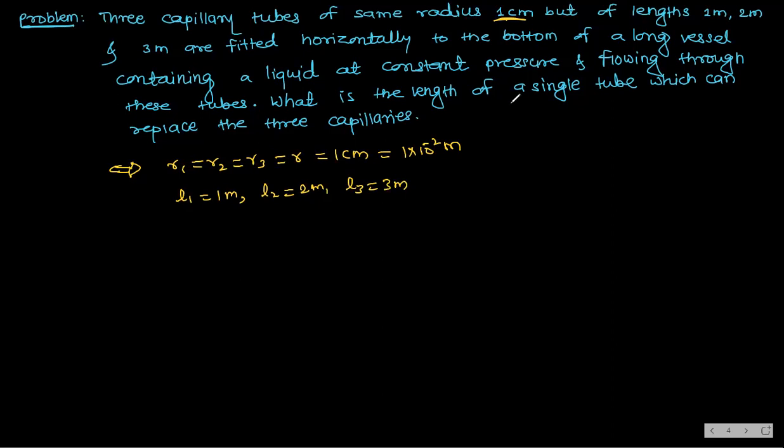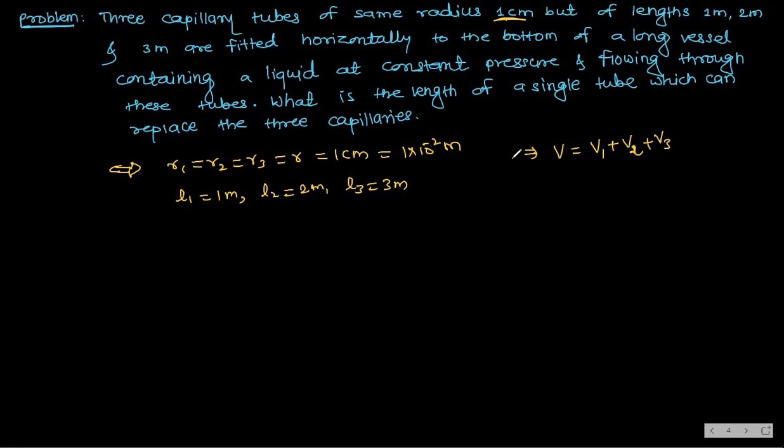Now, what is the length of a single tube which can replace the three capillaries? Means they want a single length only. So what to do? First of all, this volume V, because we are making one tube, whatever the volume per second through tubes 1, 2 and 3 is there, that should move through the only one tube. And that's why V should be equal to V1 plus V2 plus V3.